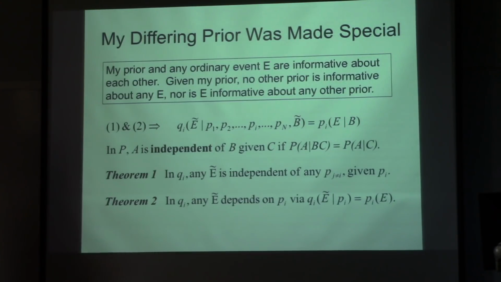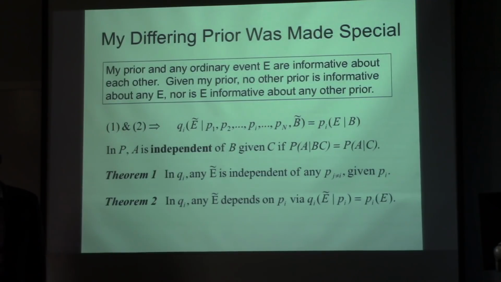But now I want you to reflect and notice some key definitions of conditional independence, right? According to some probability distribution, we say that A is independent of B given C if P of A given B and C is the same as P of A given C after we drop B. That's the key concept of conditional independence, right? And this form I've just written is of this form.